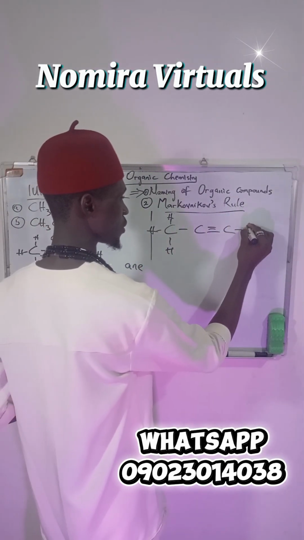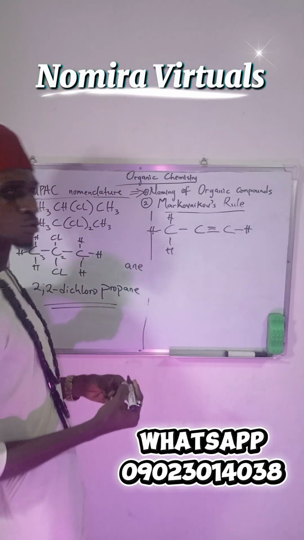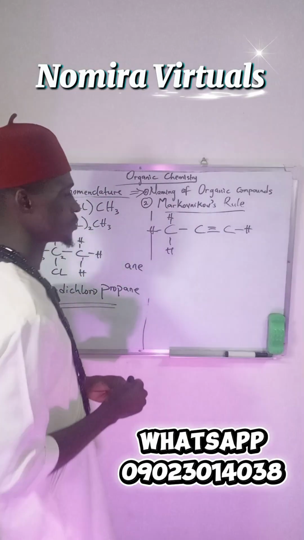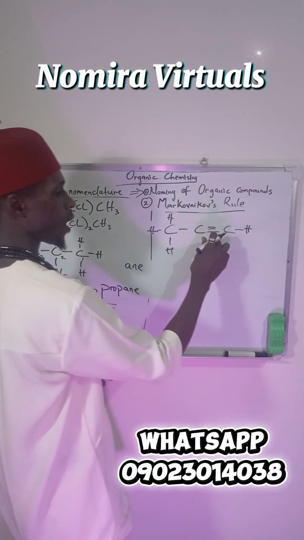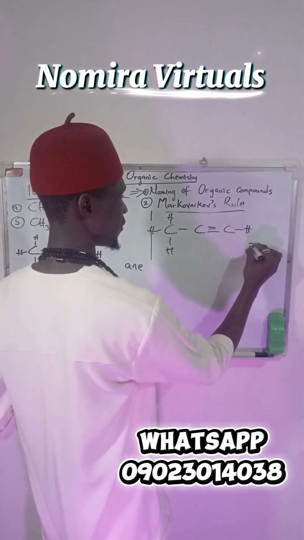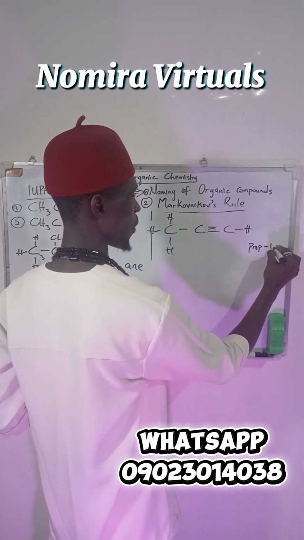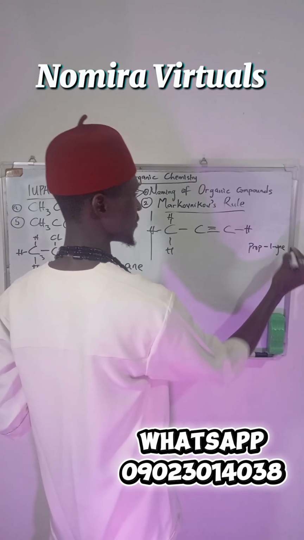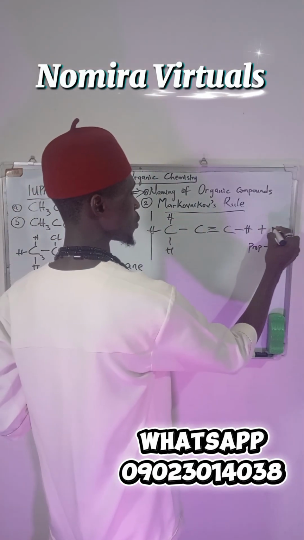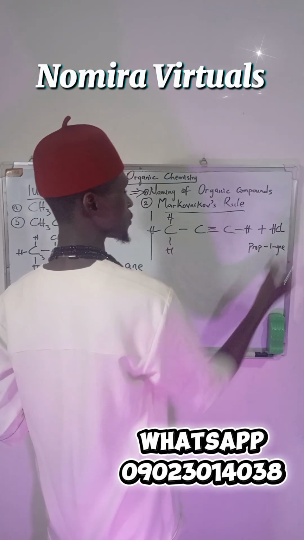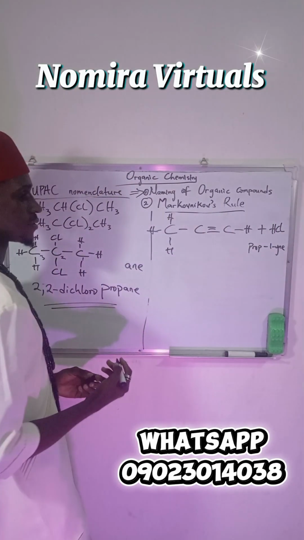So it will now contain an additional bond to a hydrogen atom. So this is prop-1-yne. Okay, so this will react with hydrogen chloride, right?